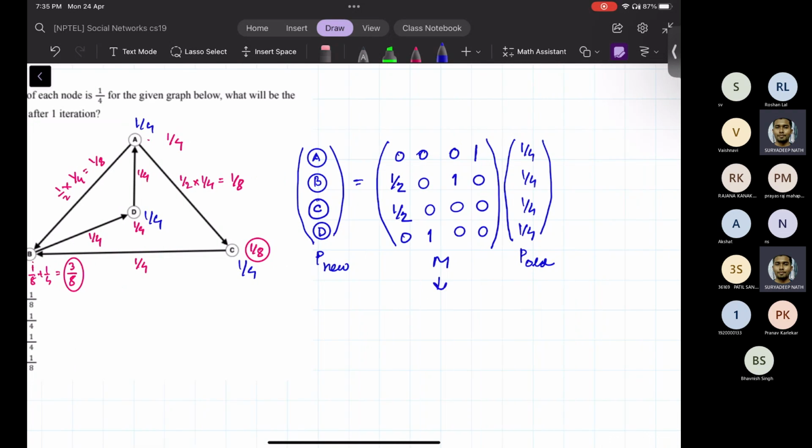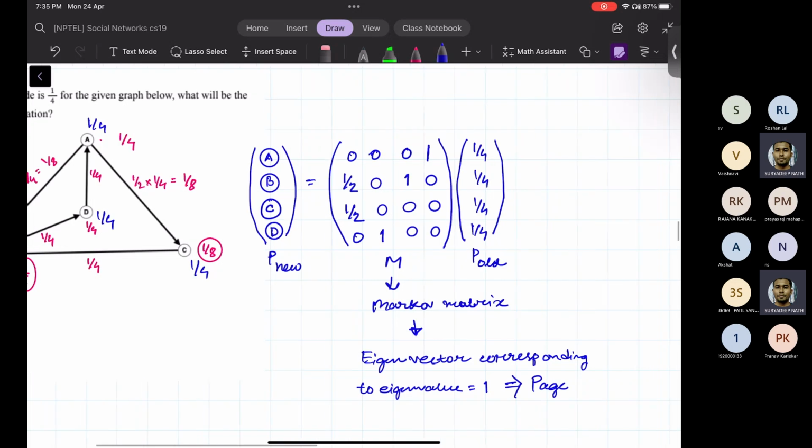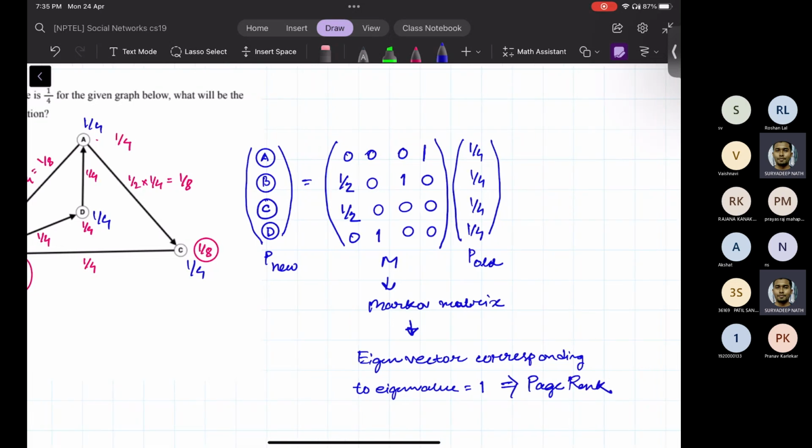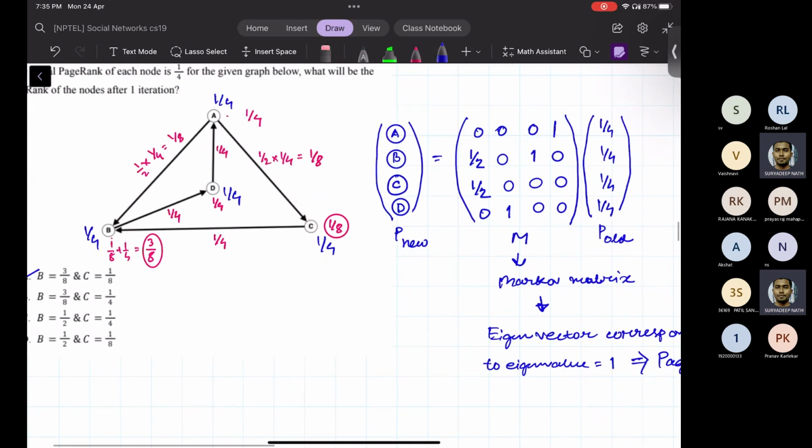So this is a Markov matrix, and the eigenvector corresponding to eigenvalue equal to 1 is the ultimate page rank, the converged page rank of the entire network.